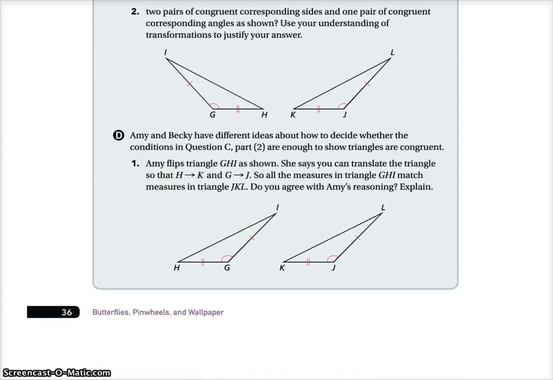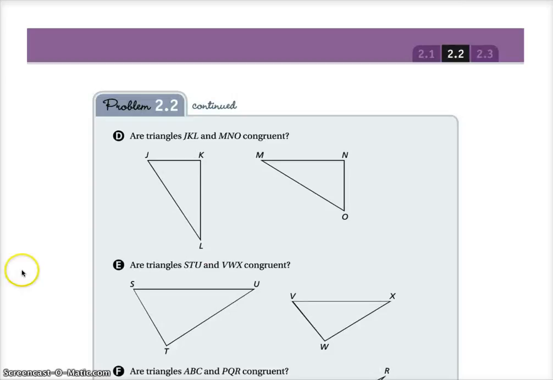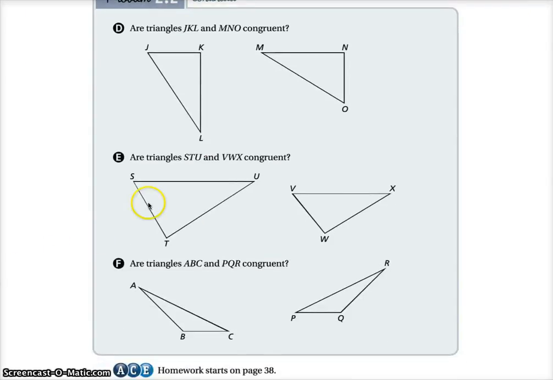You can use your descriptions of transformations, translations, rotations, and reflections to make sure that these are congruent shapes to each other. Okay, so are these congruent for D, E, and F? You're actually going to measure them out, or you can use your transformations. But I would measure them. I would measure each angle and each side and put the correct markings on there.